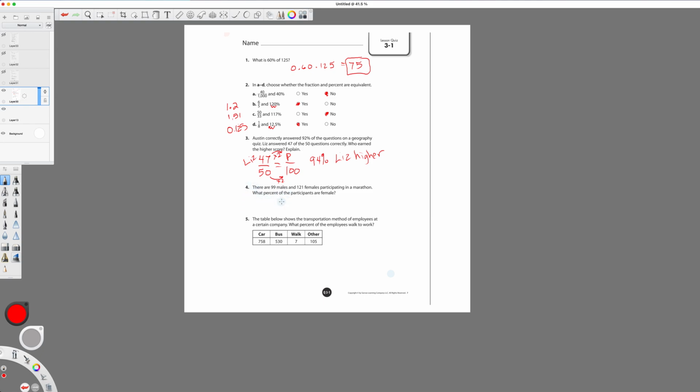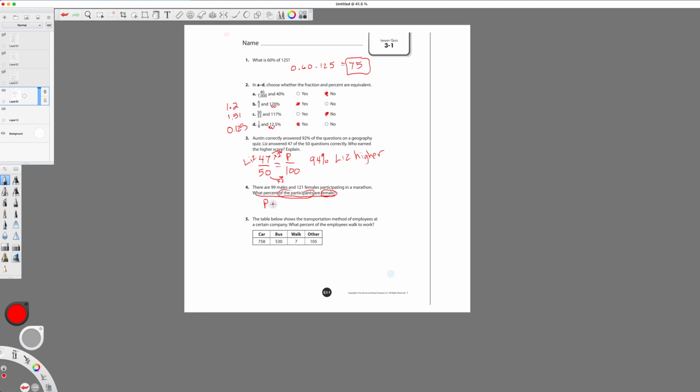Question 4, a lot of people struggled with it, but really it tells me an equation I could write right here. What percent of the participants are the females? Well, the issue is we know how many females, but we don't directly know how many participants there are. We need to add the male and the females together. And if I do that, I can write my equation.